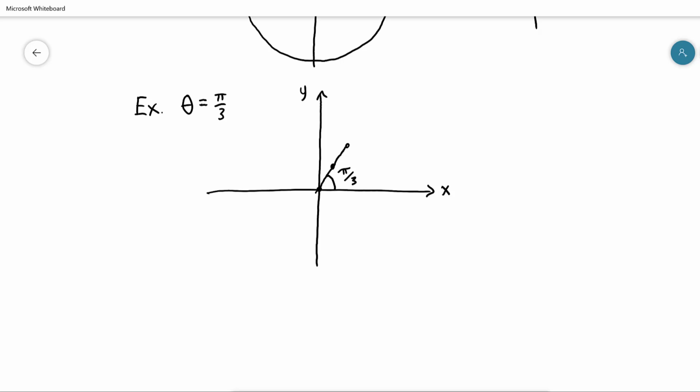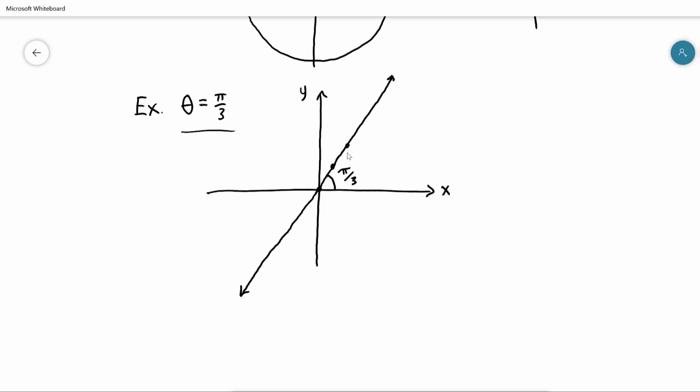And so what we get is just a solid line. There's all the positive values of r, but r can also be negative. And so we could go this direction and get all the negative values of r. And we wind up with just a straight line. So when theta is a constant and r is the thing that has no restrictions, we're just going to every distance from the origin, every possible value of r that maintains this angle of pi over 3.